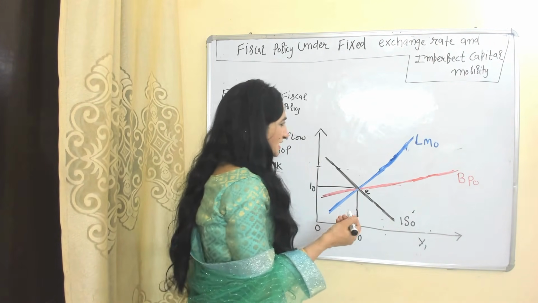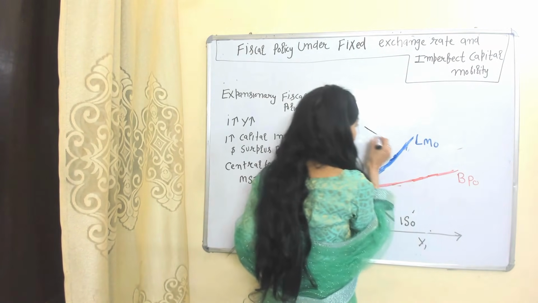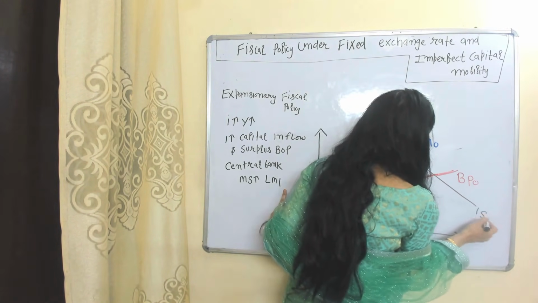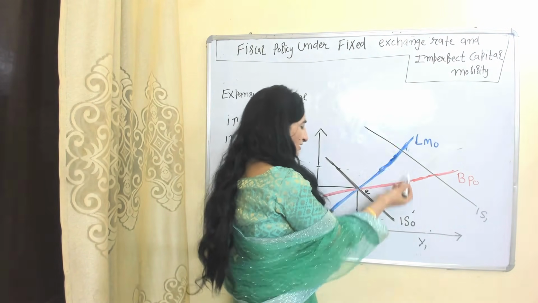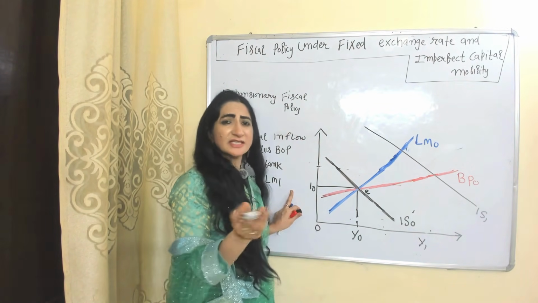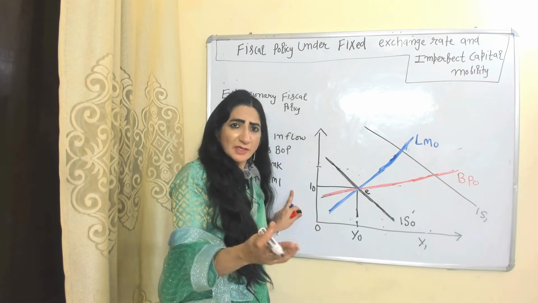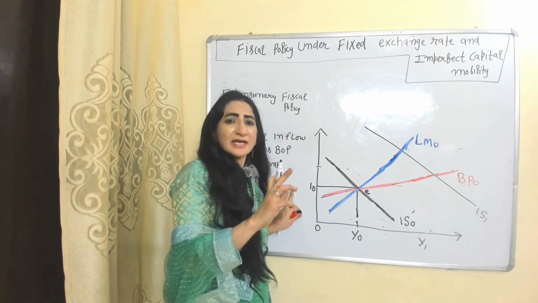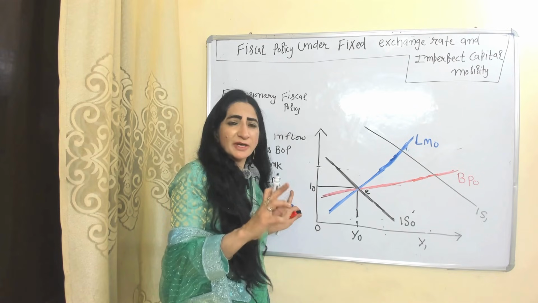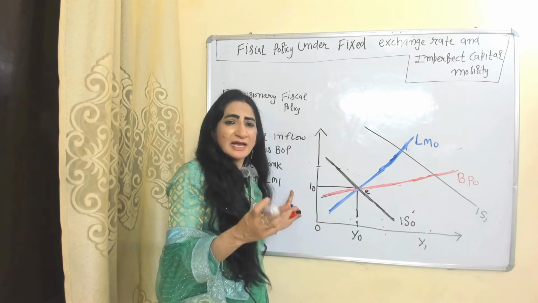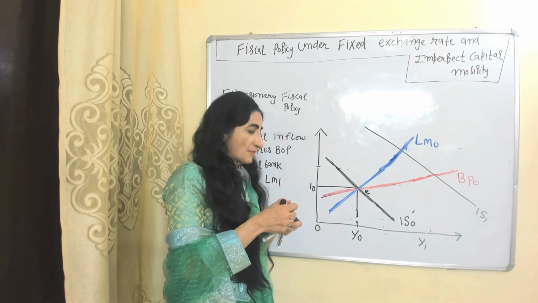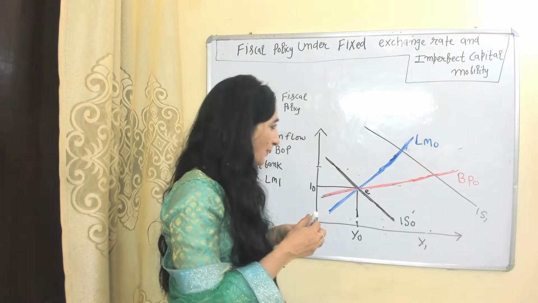Now suppose expansionary fiscal policy shifts the IS curve. As a result, interest rate increases and income increases. As interest rate increases, capital inflow increases and balance of payment becomes surplus. We have already discussed this, but here currency will not appreciate because in order to keep the exchange rate fixed, the central bank will increase money supply.